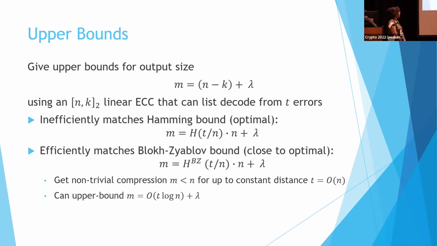And we can upper bound the size of our output, m equals big O of T log n plus lambda. But for large T, our Blokh-Zyablov bound allows us to do even better because the log n term in that output size actually disappears.